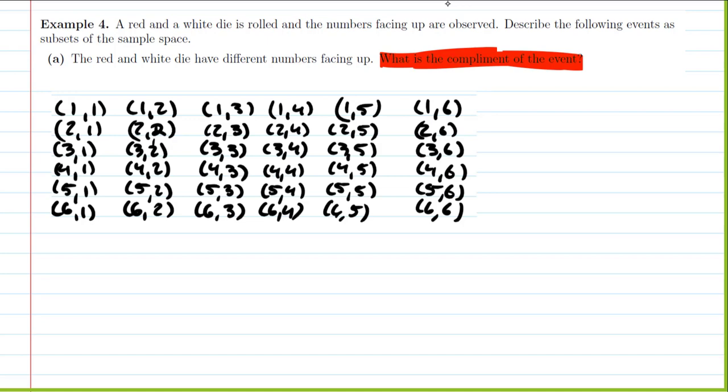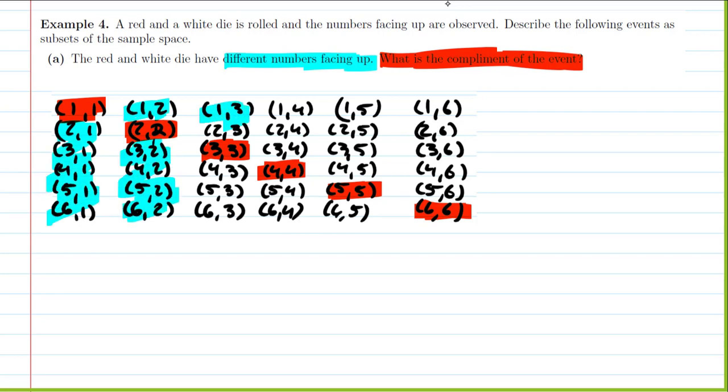So if our event is the white die and the red die have different numbers facing up, what's the complement of that? What's that not happening? Well, that would be them having the same numbers facing up. So the complement of the event would be (1,1), (2,2), (3,3), (4,4), (5,5), and (6,6). So then the event having different numbers facing up is going to be everything else.